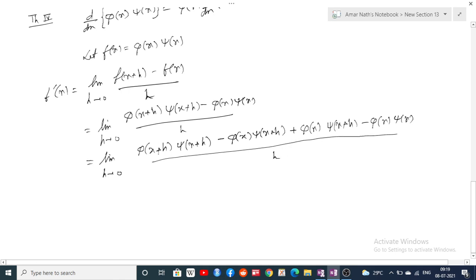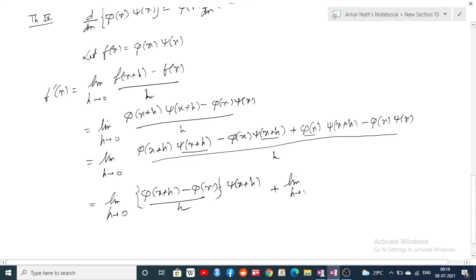Now taking psi(x plus h) as a common term from the first two terms, and phi(x) from the second two terms, we can write limit h tends to 0 of phi(x plus h) minus phi(x), times psi(x plus h), divided by h, plus limit h tends to 0 of phi(x) times psi(x plus h) minus psi(x), divided by h.